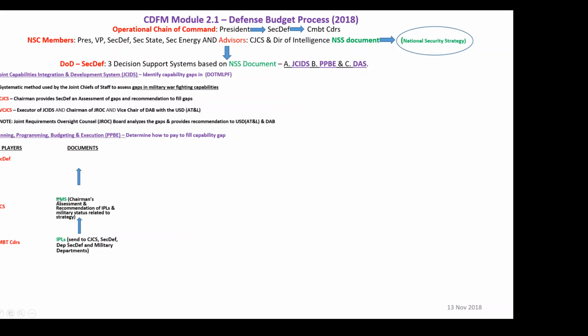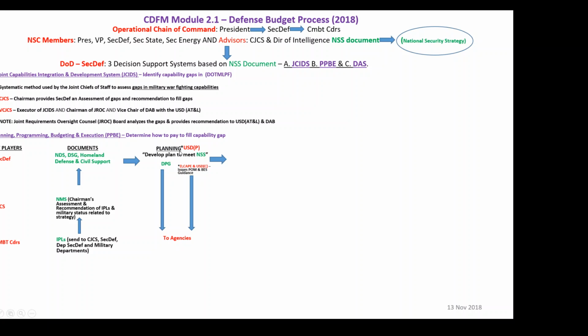They write the National Military Strategy. And then DOD comes up with the National Defense Strategy, Defense Strategic Guidance, Homeland Defense and Military Support, different particular strategy documents. All together, that triggers the planning phase of PPBE.